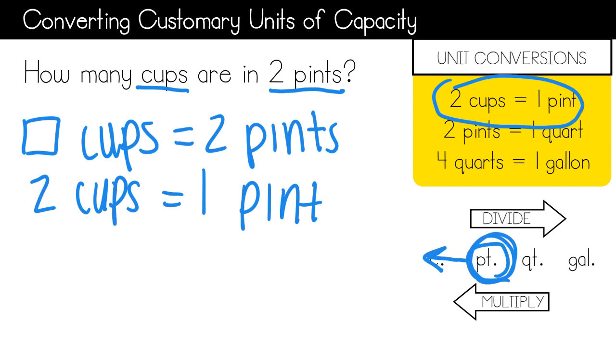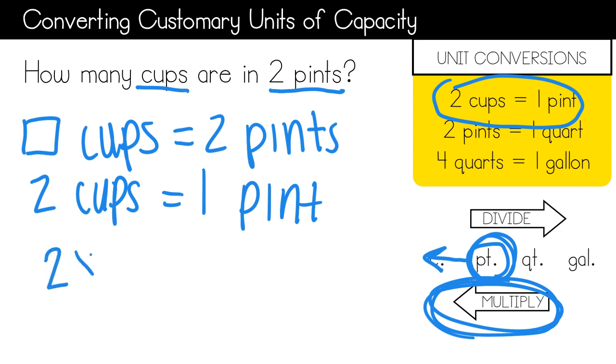So am I going to divide or am I going to multiply? Hope you said multiply. So now if we know 1 pint equals 2 cups, we're going to do 2 times 2 equals 4. So 2 pints equals 4 cups.